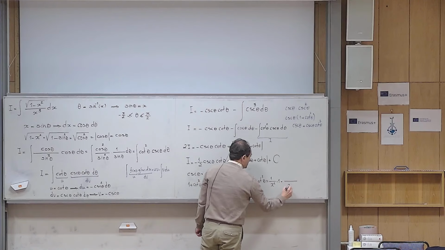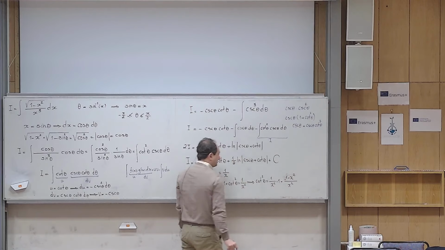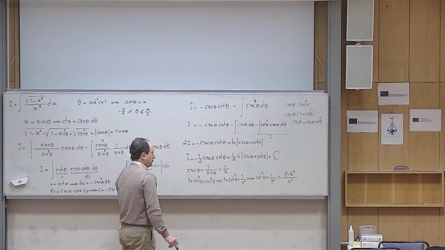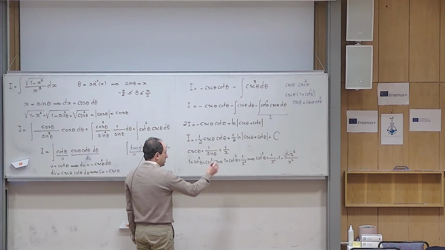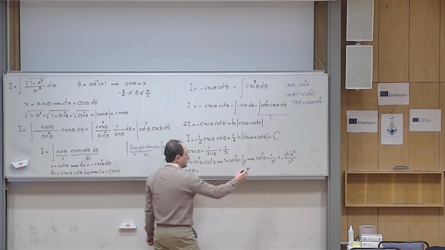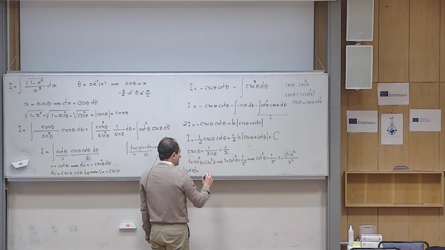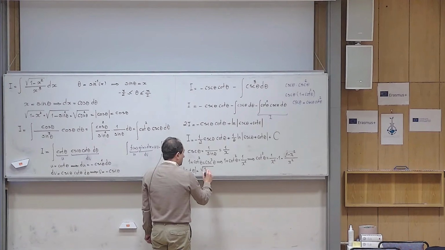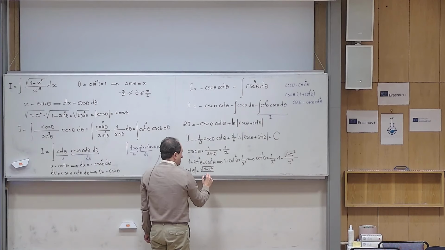If I take the common denominator, so this becomes this. Oh, sorry, there's no square root yet. It becomes 1 minus x squared. Okay, but then if I want to find cotangent theta, the absolute value of cotangent theta becomes what? It becomes square root of 1 minus x squared over x.